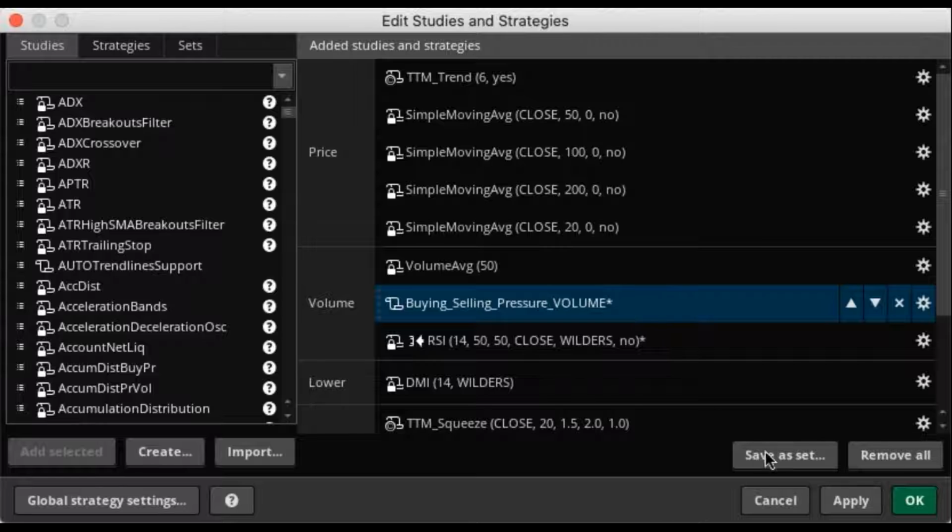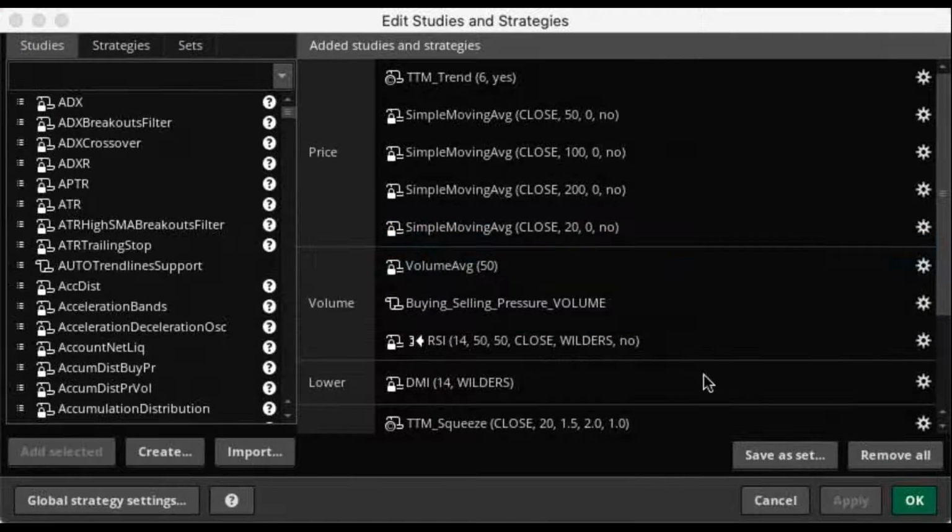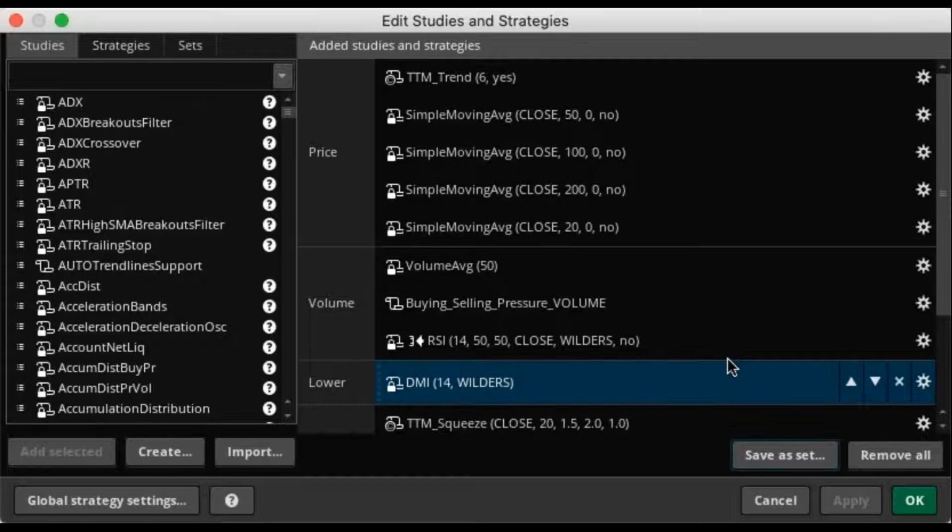All right, and then I'm going to put save, set as. Save study set as, and a little window will pop up, and I'm going to name that class setup 2020. And I'm going to push save.